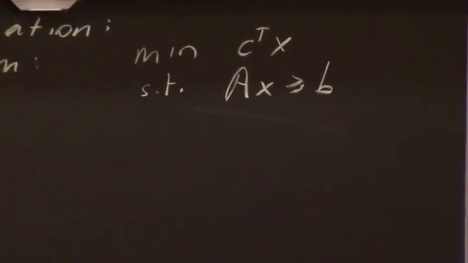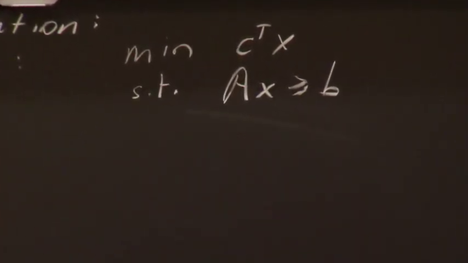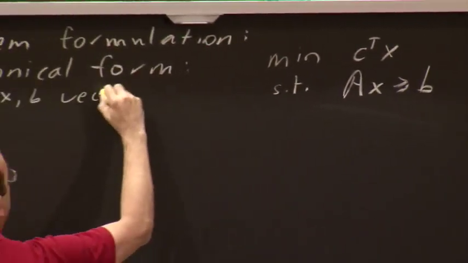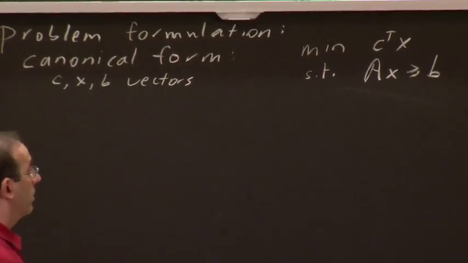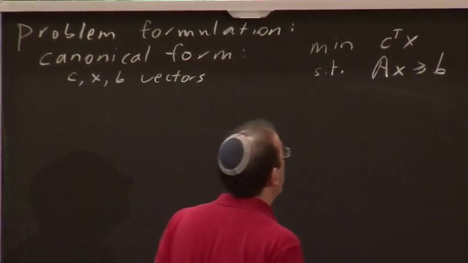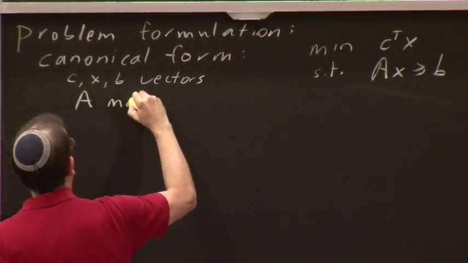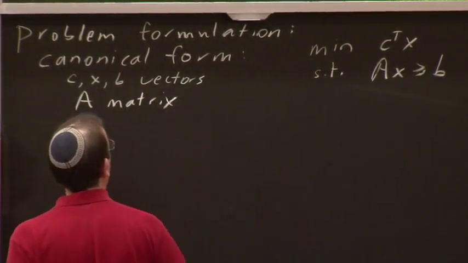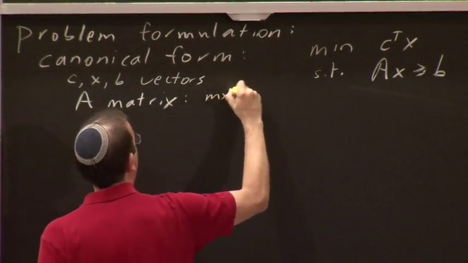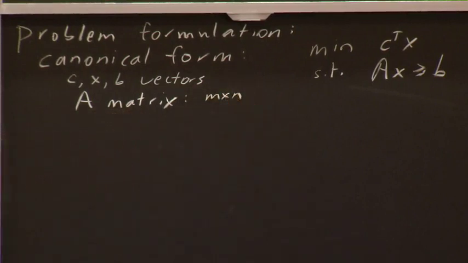And so here, c, x, and b are vectors. And A is a matrix. And we'll often use m by n as the dimensions of the matrix.